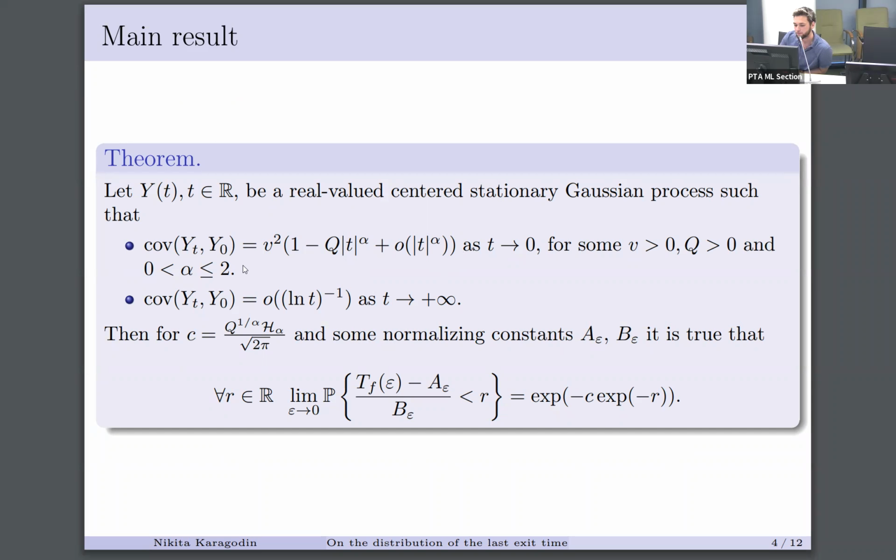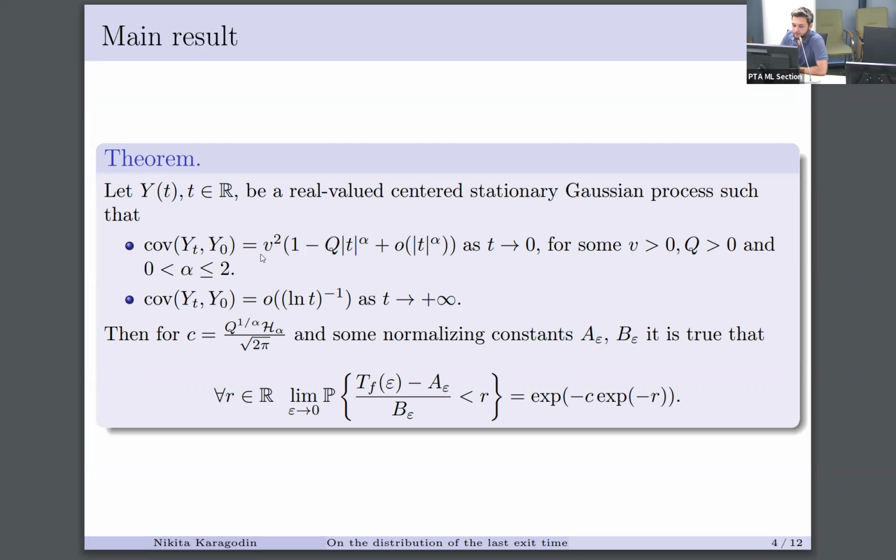Both conditions are on the covariance function of our process. The first one handles its asymptotic behavior around zero. It says that it has to be regular, so you can see the formula, but basically it's a Hölder assumption on it.